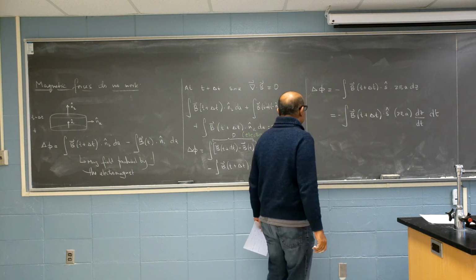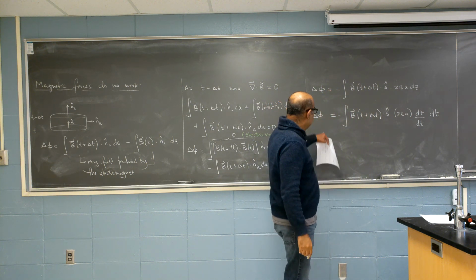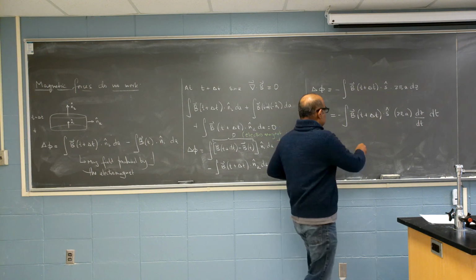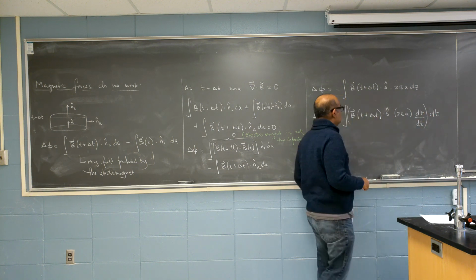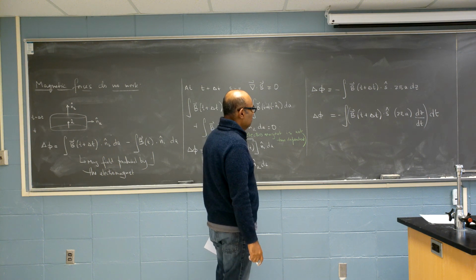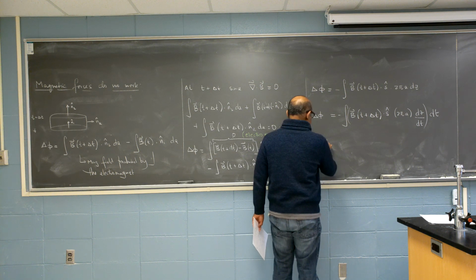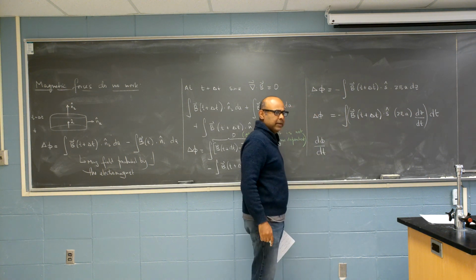So I can change it to, I'll tell you why I'm changing it. Because I'm not really interested in flux. I'm interested in rate of change of flux. That is the induced EMF. So then d phi dt, the integral simply goes away.